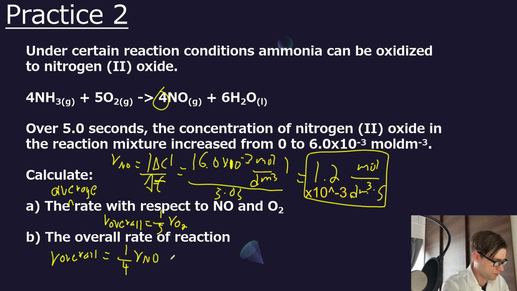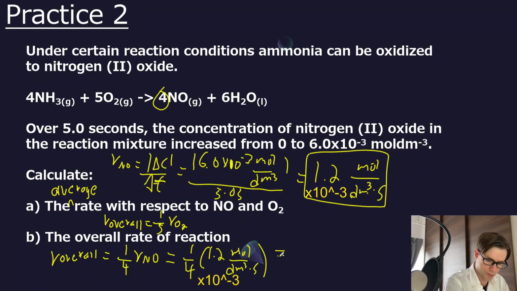But here, if we want to find the overall rate, we need to take 1/4 times the rate with respect to NO, which we found in the first part. That was 1.2 mole per decimeter cubed per second. So 1/4 of that is 0.30 roughly.